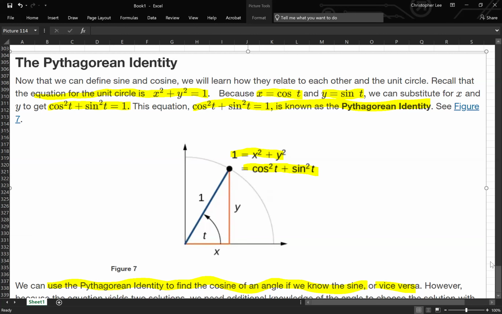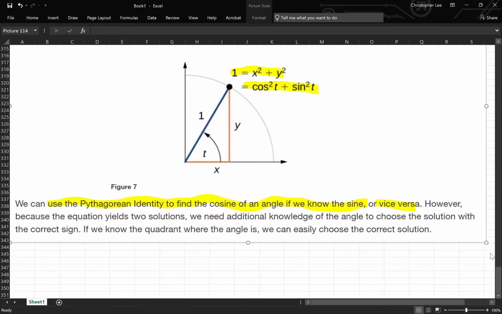And here we go, we got it right here. So 1 is equal to x squared plus y squared, which is also equal to cosine squared plus sine squared. Then we can use the Pythagorean identity to find the cosine of an angle if we know the sine, or vice versa.